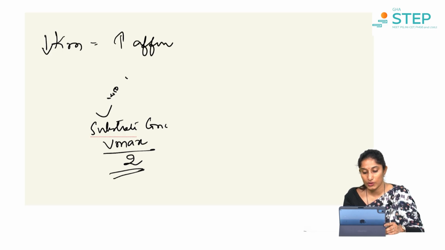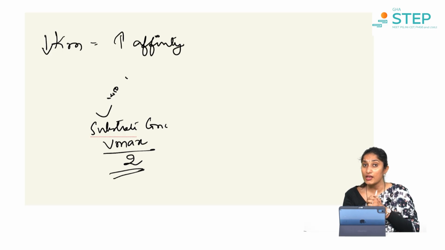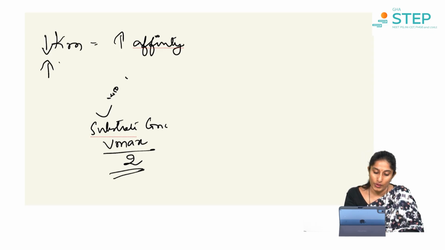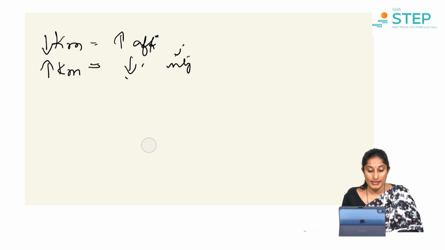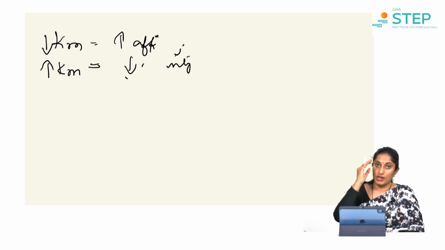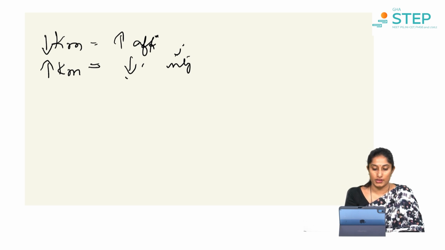The bond between the enzyme and the substrate is very strong when the Km is low. Vice versa, when the Km is increased, the affinity goes low. This is the relationship between the enzyme and the substrate with respect to the Km. So, low Km, high affinity; high Km, low affinity.